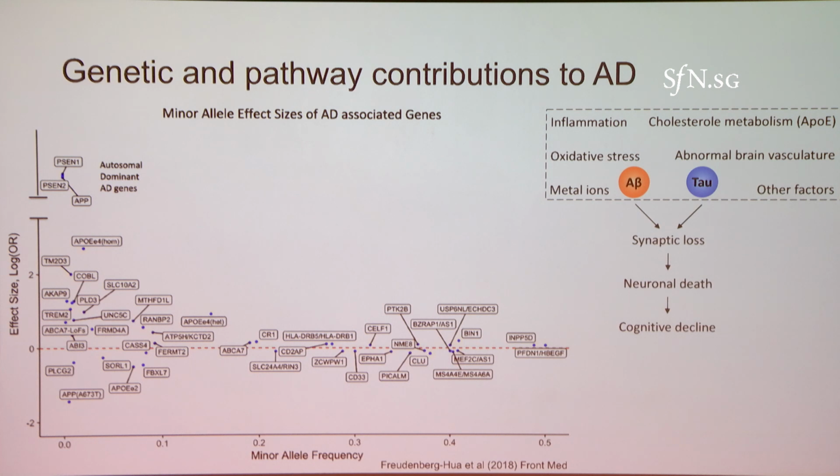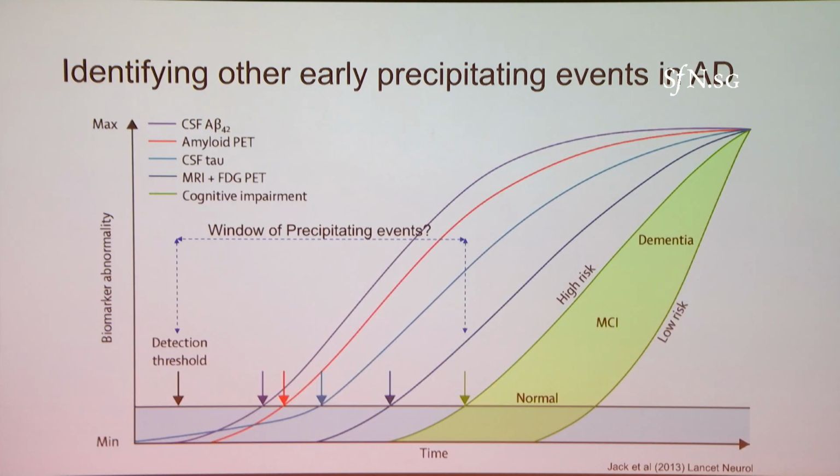And to try to better understand this, there have been a number of diagnostic techniques to better define, or rather to stage, the patients to help identify patients who might be at risk of AD itself. And you can see that with technological development, there are increasingly sensitive tools to help us do this.